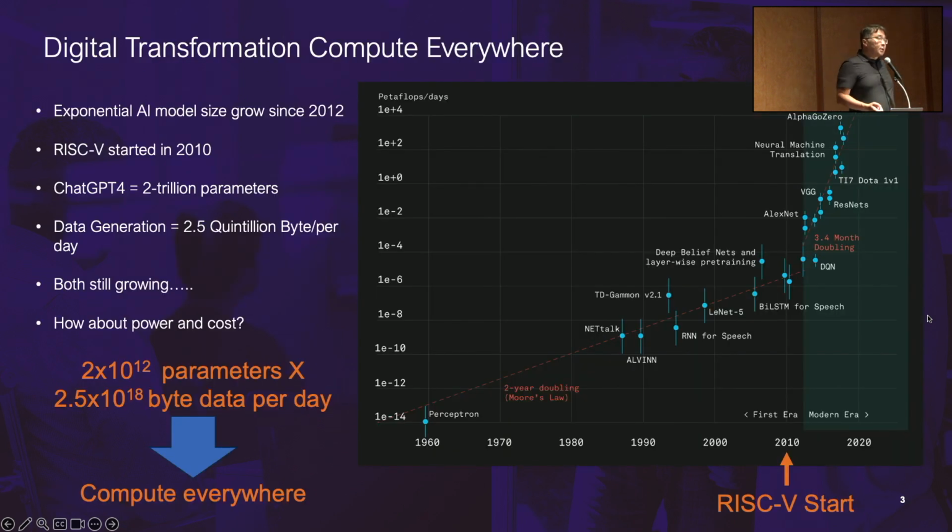I created this picture for the last presentation, about when the AI revolution really happened. It happened on the combination of a couple of things. One is the availability of a wide area of data because of the mobile phone revolution.